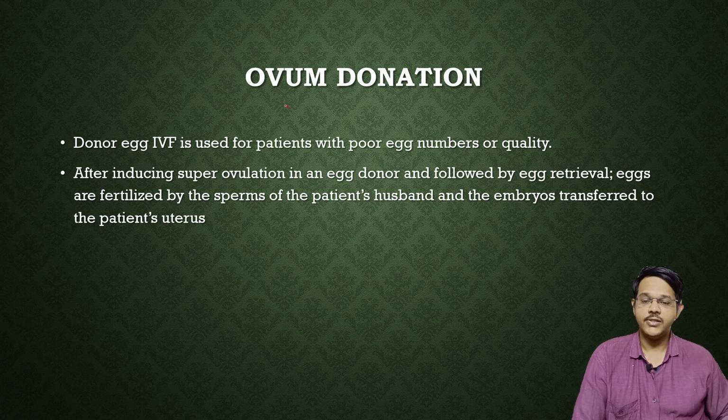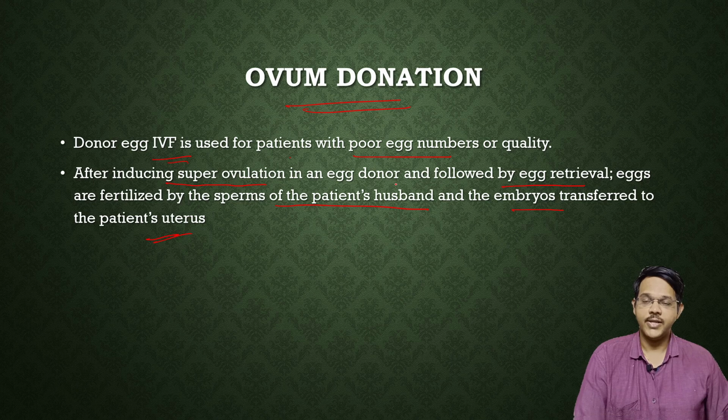In case of ovum donation, eggs are obtained from donors. Donor egg fertilization is used for patients with poor egg numbers or quality. So if the mother has poor eggs, then the eggs are obtained from donors. After superovulation of the egg donor followed by egg retrieval, eggs are fertilized by sperm of the patient's husband and the embryos are transferred to the patient's uterus.